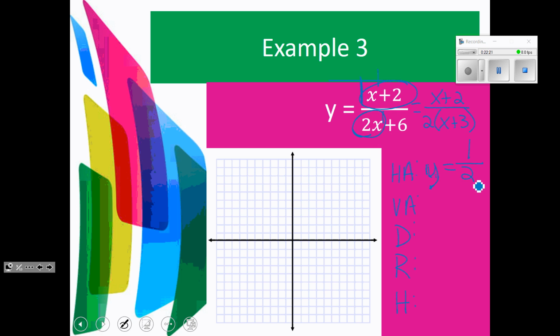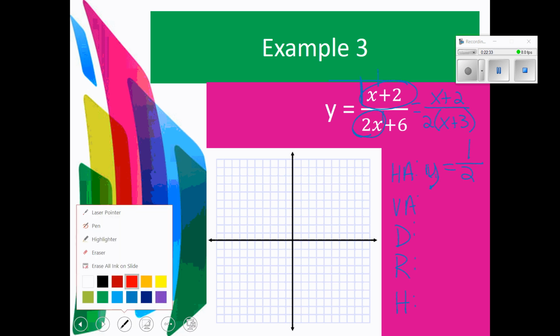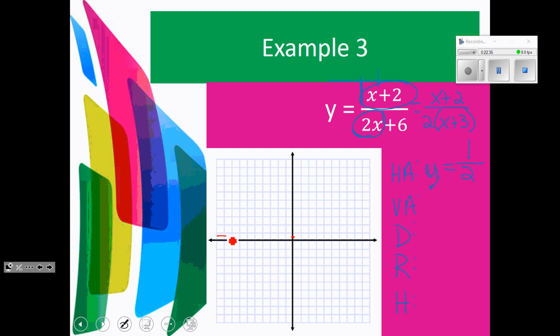So if I go to where y is a half, and I draw my red line, a half is in between 0 and 1. So I'm going to draw a line right here where y is up a half, in between 0 and 1. That is going to be your horizontal asymptote.